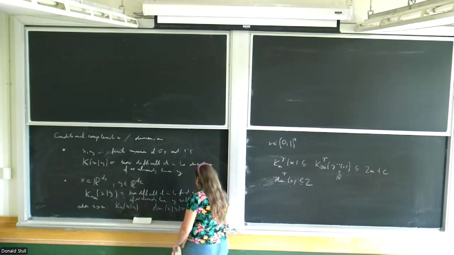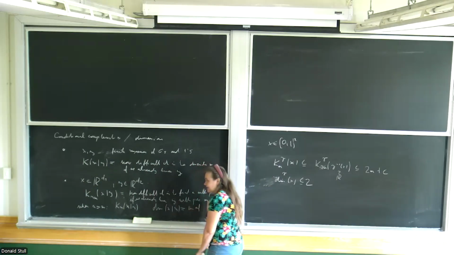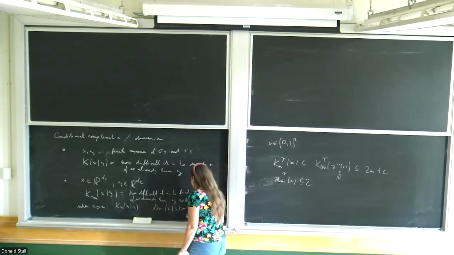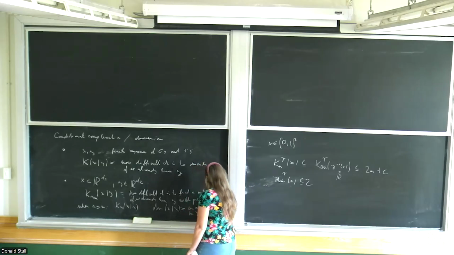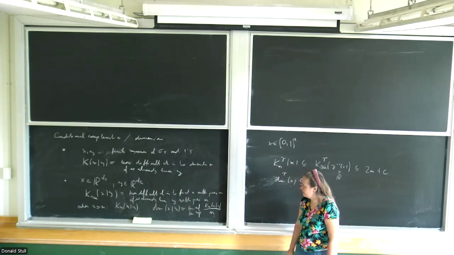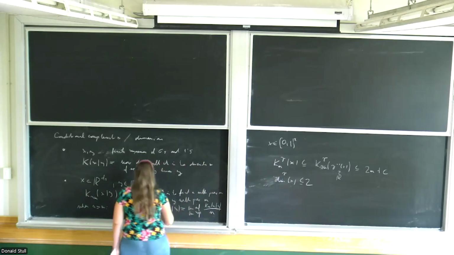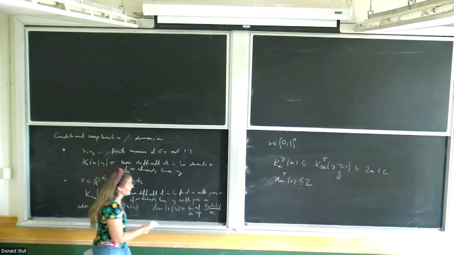Divide everything by n and take the limit, or lim sup, for the Hausdorff or packing dimension, of K_n(x | y) divided by n. So this is one variant of conditional dimension, but it's not the only one.